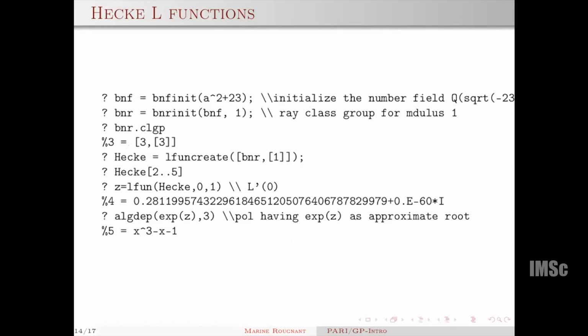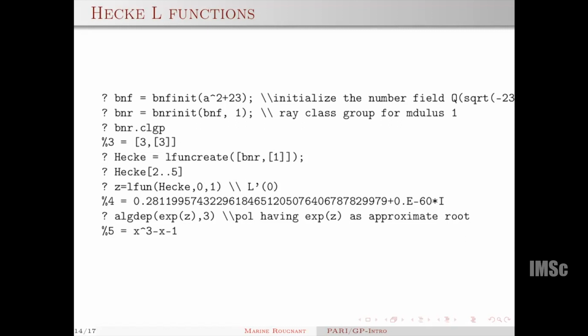You can also use L functions for ray class groups. So here it's with the function L create. You specify your ray class number field. We saw how to compute number fields with additional information with BNF. Remember, it was to have class groups and units. So here I initialize the number field Q of square root of 23.